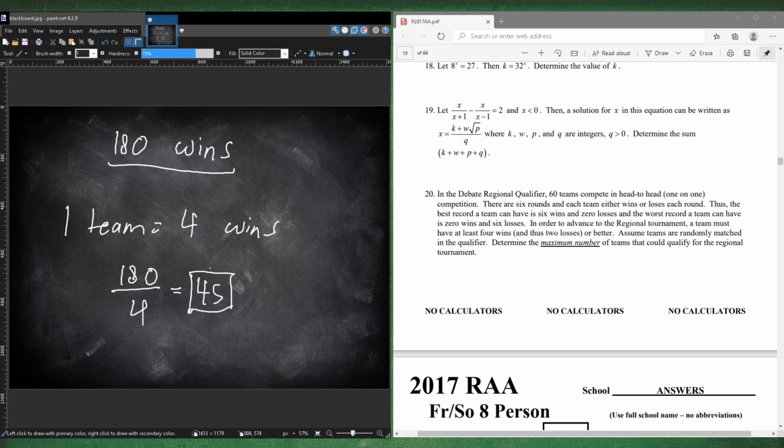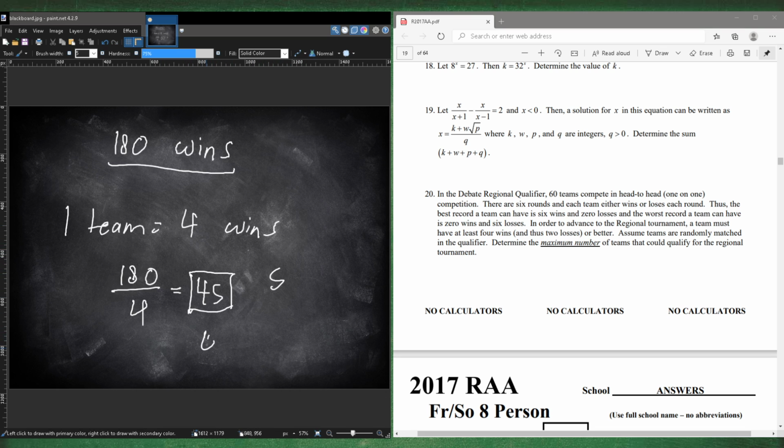And the reason it works like this is because imagine some teams didn't get exactly 4 wins. Let's say a team got 5 wins. Then if all teams got 5 wins, we divide by 5, and it would come out as 36. So only 36 maximum teams get qualified. But imagine if you only need 4 wins to qualify, but one team accidentally got 5 wins.